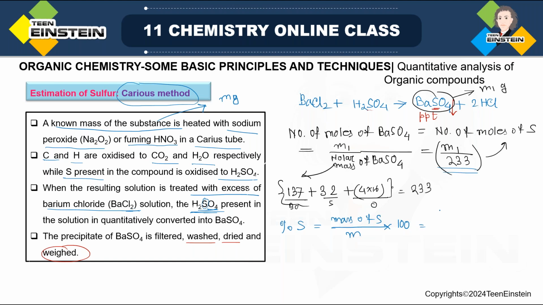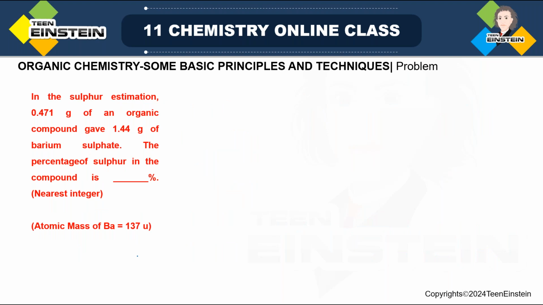So the final equation, simplified, is 32 multiplied by m1 divided by 233, multiplied by 100 divided by m. In this way, we can calculate the percentage if we know the values of m1 and m. Next, we will solve a problem based on this equation.